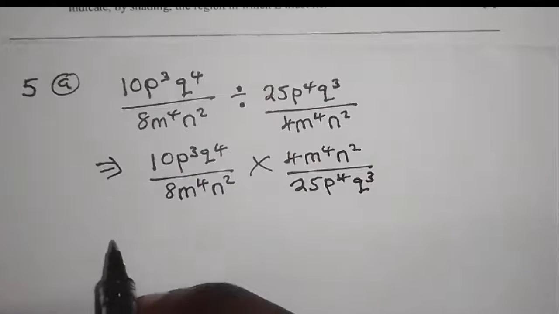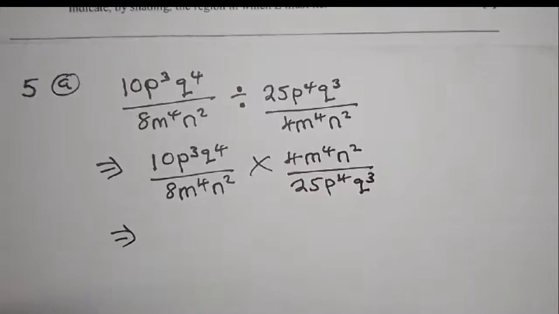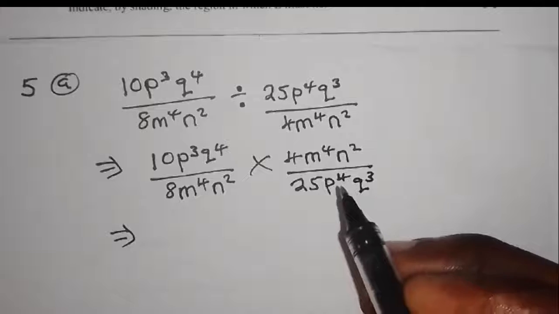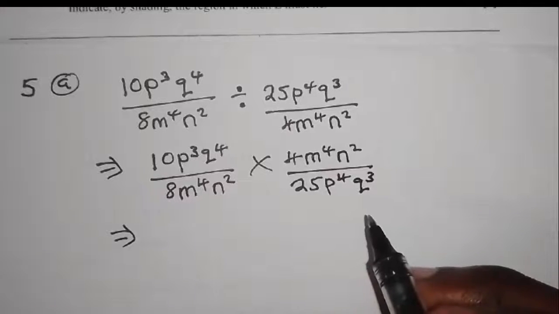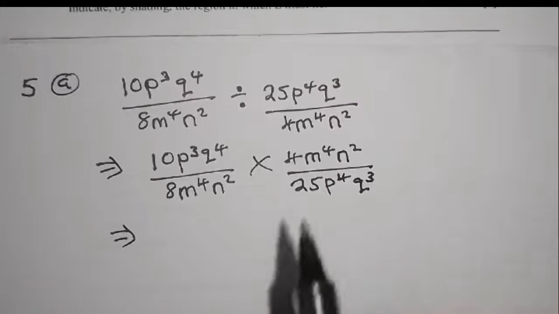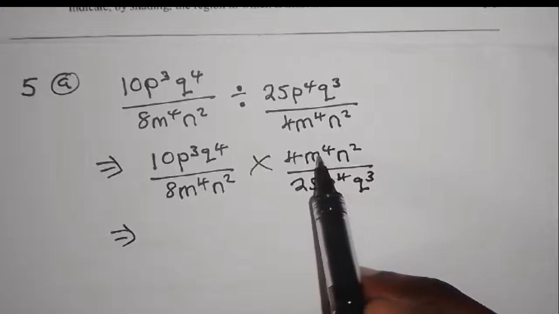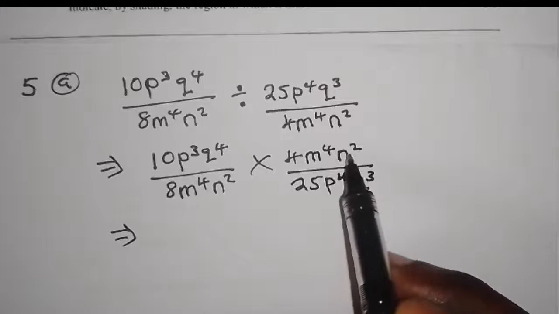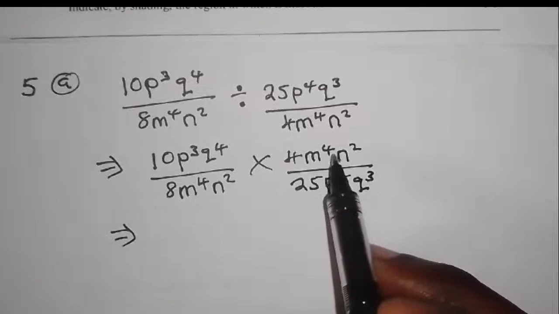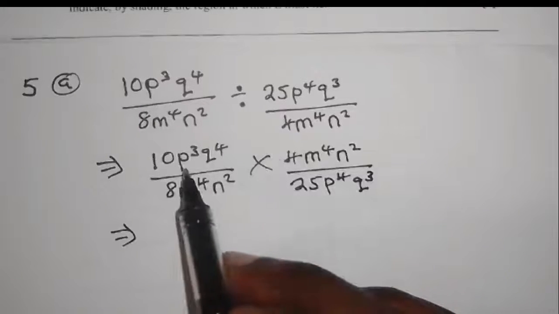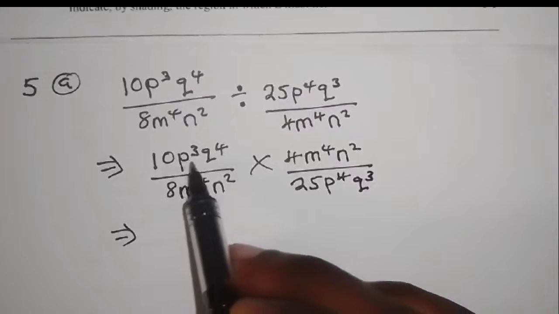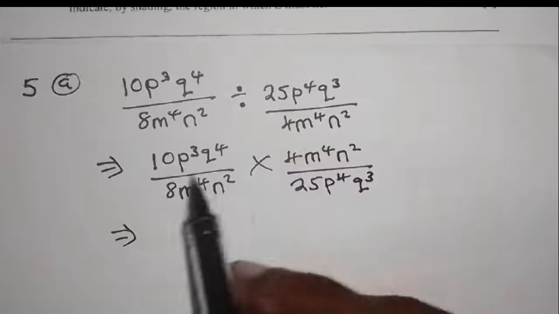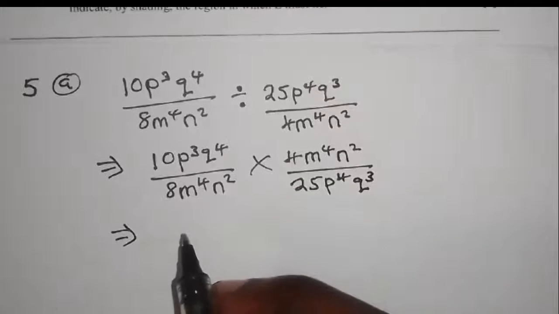And then from there, what you can do is, we know first of all that you can just exchange this 4m to the power 4n squared. You bring it where there is this, then this you bring there, just to harmonize the letters.